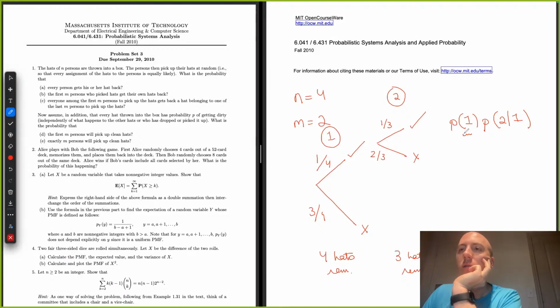Recall, we take the probability of an event. An event is a set. So what are the potential outcomes of this probabilistic experiment that I'm setting up? What's the sample space?